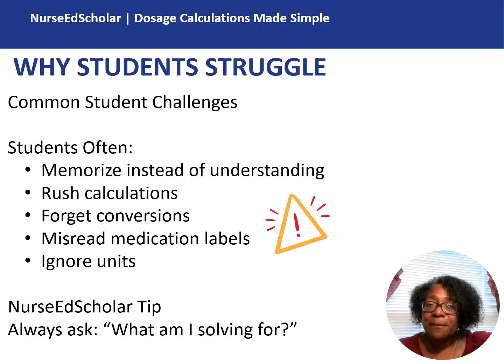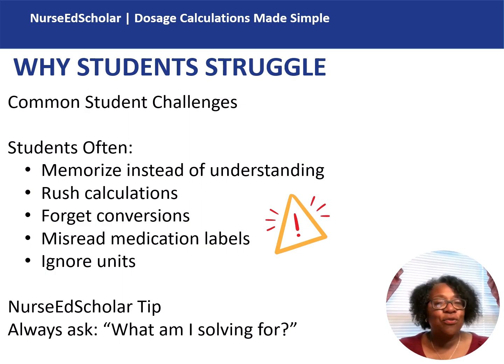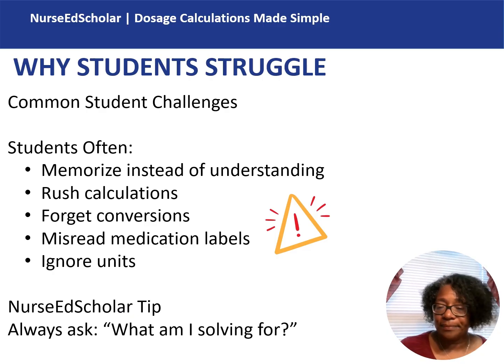Whatever is in the numerator, something similar to that should be in the denominator so they can cross out, so you can receive what you're actually giving to the patient. What are you solving for? What are you planning on giving? Milliliters, tablets, capsules. If it doesn't set up right and you haven't crossed out or canceled, something's wrong with your setup.